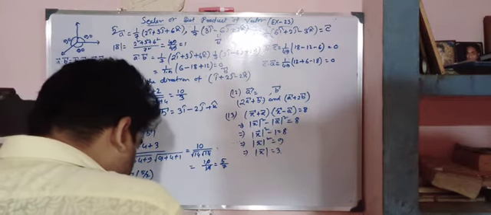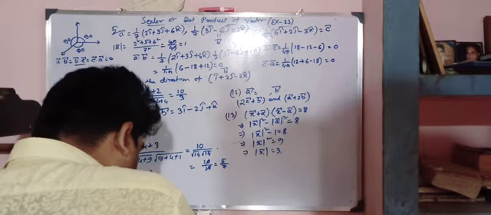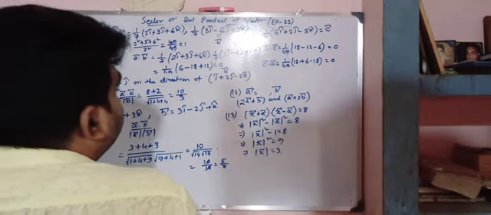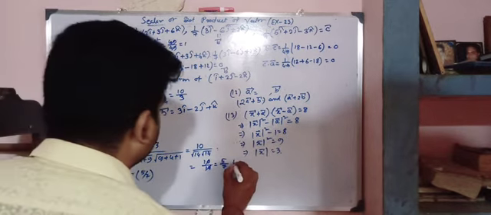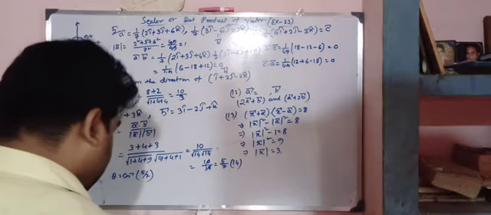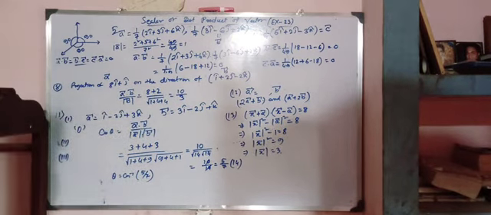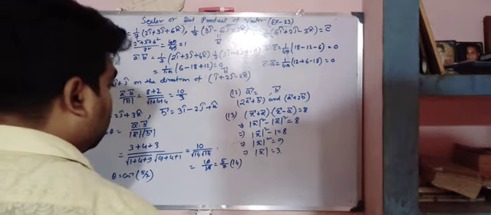Find the angle which the vector A makes with the coordinate axis. This is also a very easy question. Question number 14. One vector is given here, and we have to find the angle of that vector to the coordinate axis.